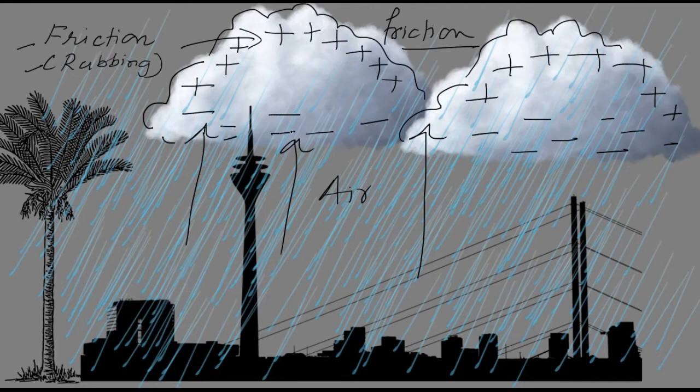Now when these charges come closer to this building, the negative charge comes here, opposite charges will be stored here because the negative charges will move away. It happens even here.